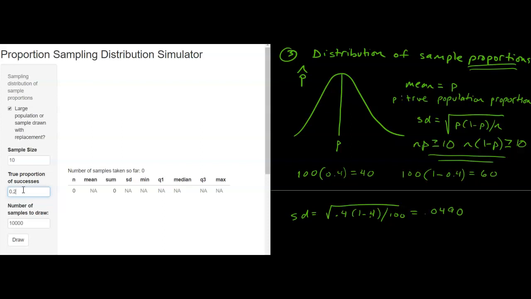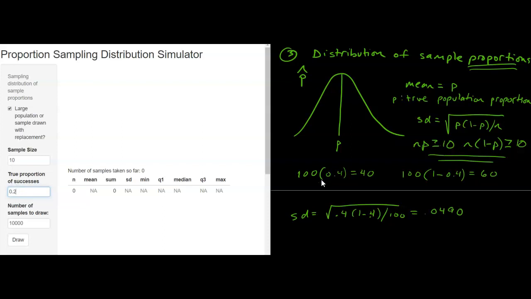And so what I'm doing is I'm trying to artificially create a result for n times p that violates this assumption. In this case, if you had a 10 and you had a 0.2, then 10 times 0.2 would give you a value of 2, and that's clearly not greater than or equal to 10.